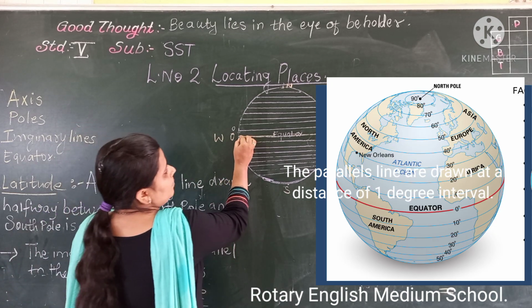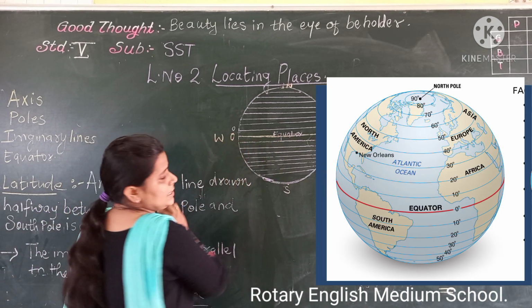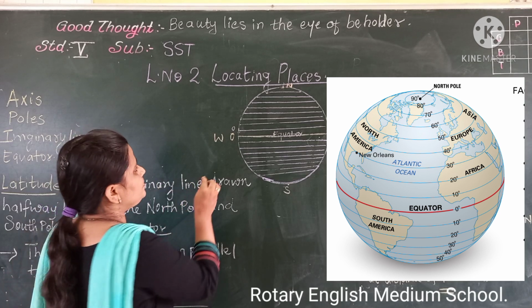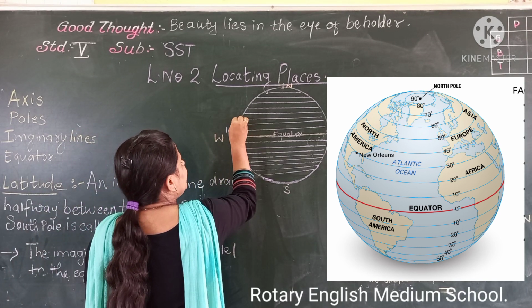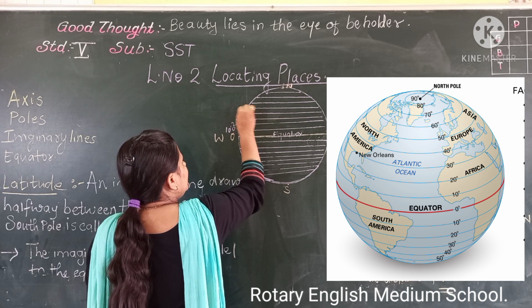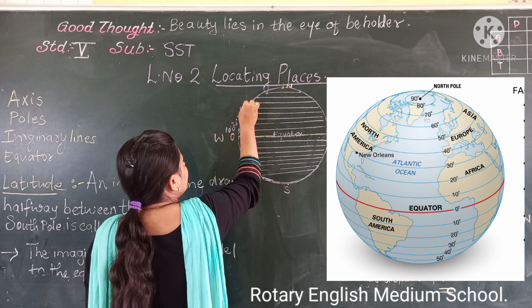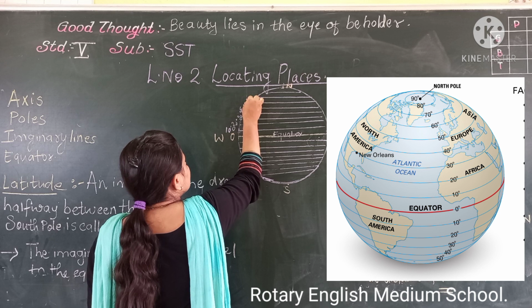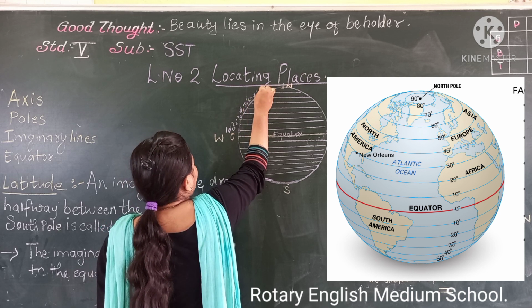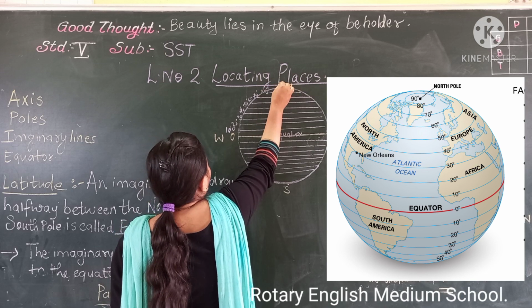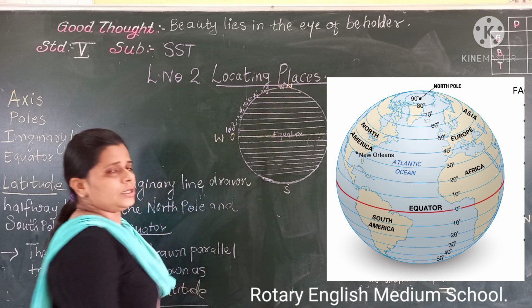First, we will mark the equator as 0 degree. Then 10, 20, 30, 40, 50, 60, 70, 80, and the pole is 90 degree.